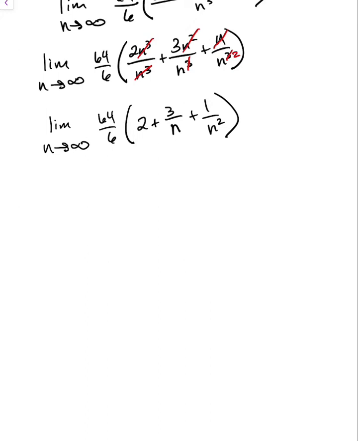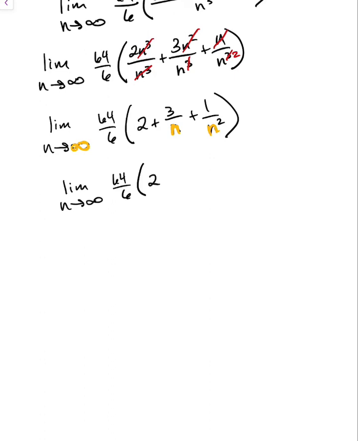Now this is pretty simplified. At this point, I can start plugging in my infinity, okay, because I won't get an indeterminate form, if you recall that from the previous section. So I can put my infinity in for my n's, right? So I'll have the limit as n approaches infinity, 64 divided by 6.